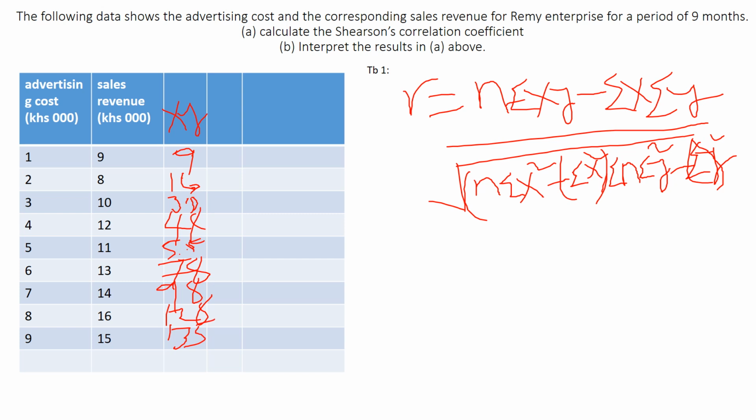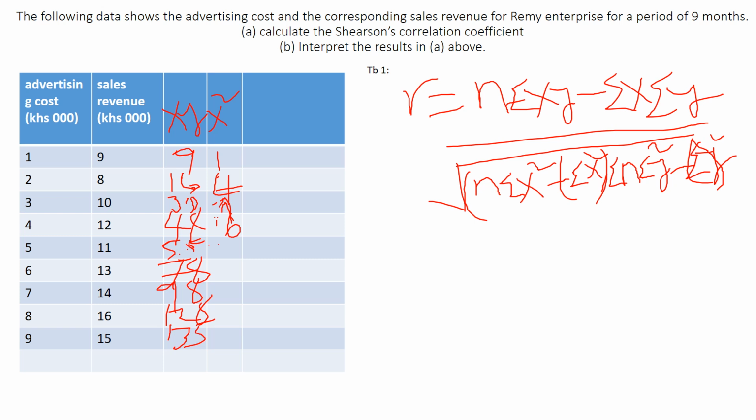And then we have 9 and 15, which should give us 135. So the next thing that we need to get is a column of x squared. If you square 1, you get 1, if you square 2, you get 4, if you square 3, you get 9, and if you square 4, you get 16.